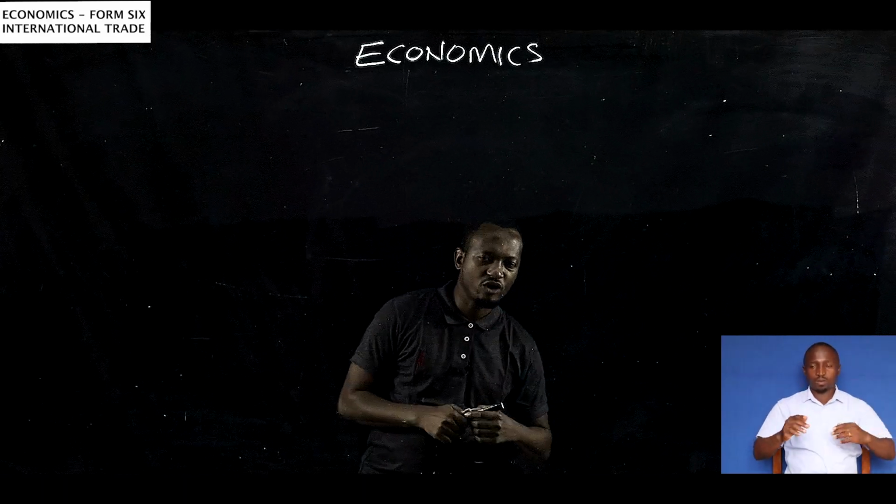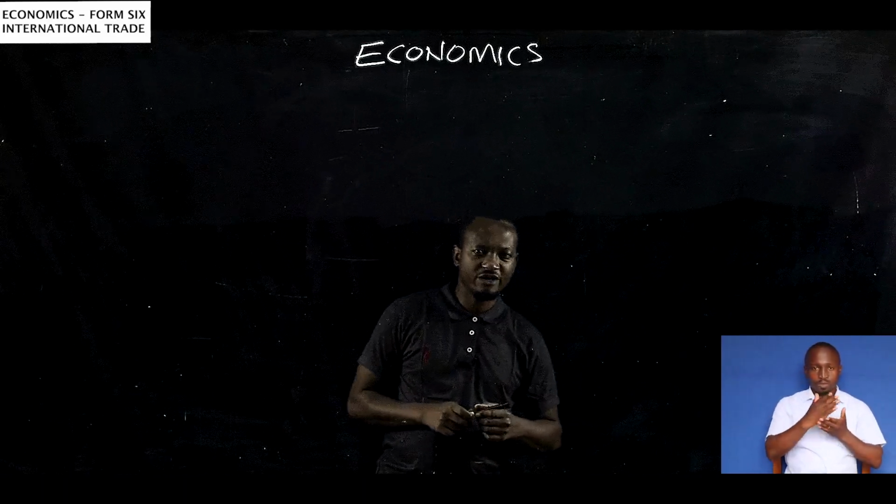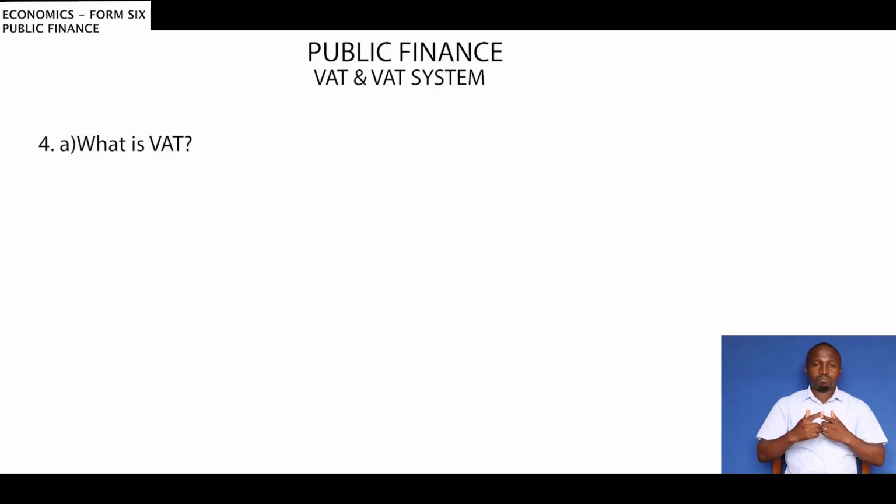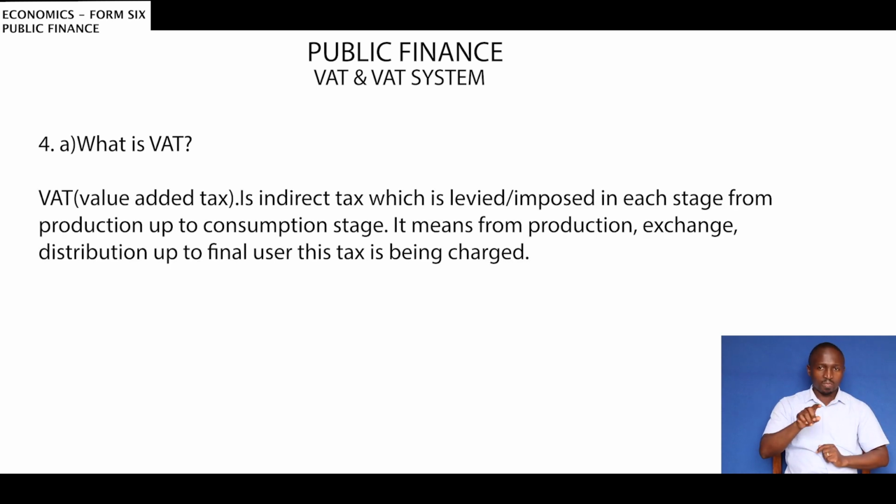So now we are going to see part of public finance. Question number 4. A, what is VAT? VAT, which is value added tax, is an indirect tax which is levied at each stage of production up to the consumption stage. It means from production, exchange, distribution, up to the final user, this tax is charged.